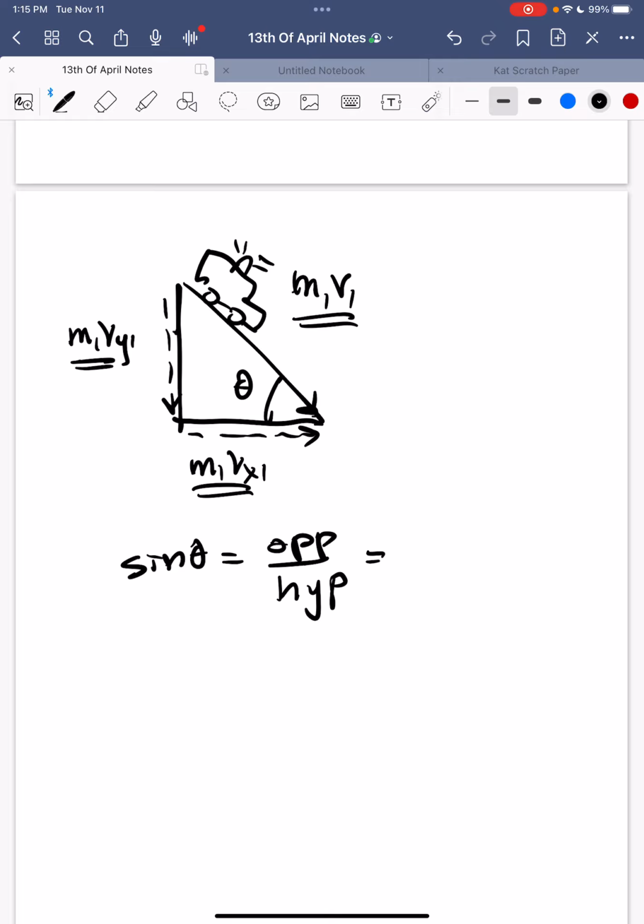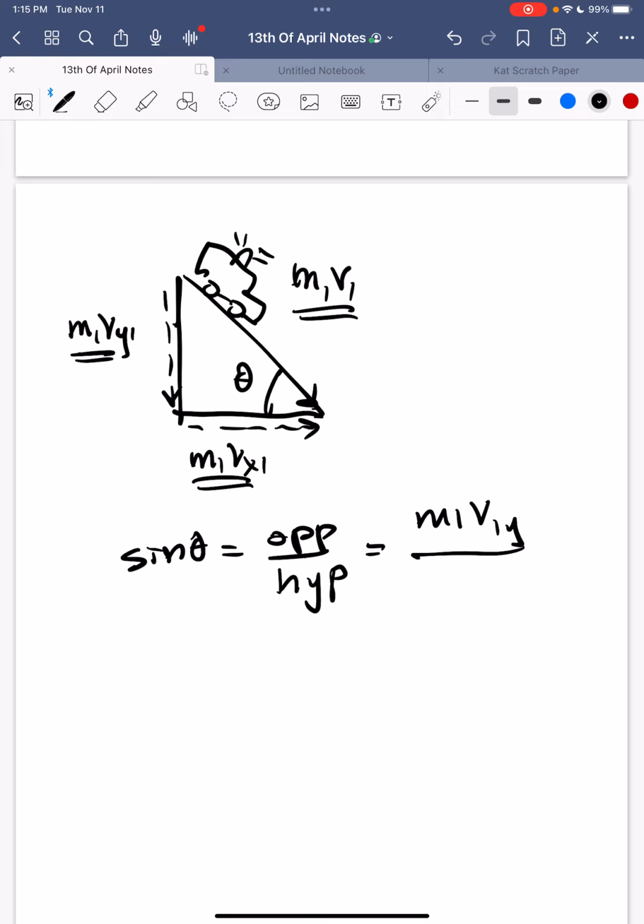And so that's going to equal the opposite side, which is the mass of 1, like that, times v1, like that, in the y direction. The hypotenuse is the mass of 1 times the overall velocity, something like that. So I can multiply and say the mass of the ambulance times its velocity times sine theta is going to equal the mass of this ambulance times the velocity in the y direction.